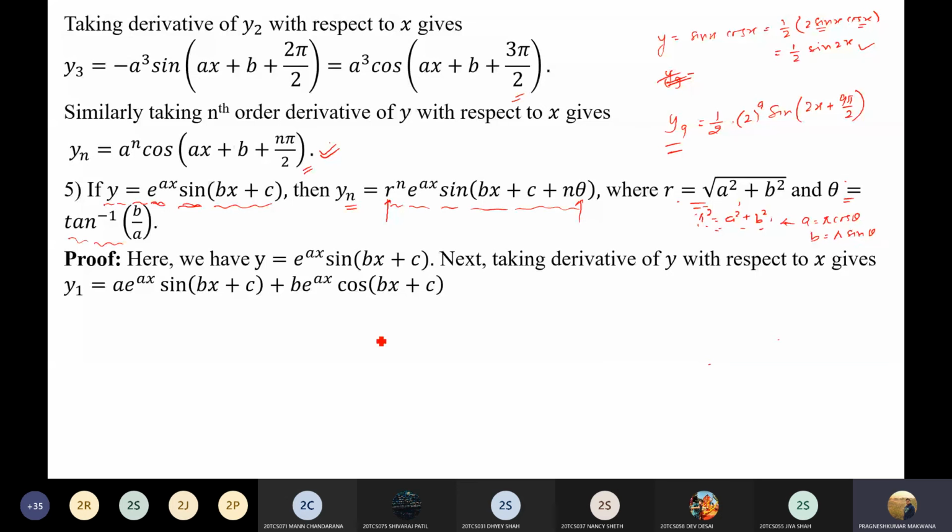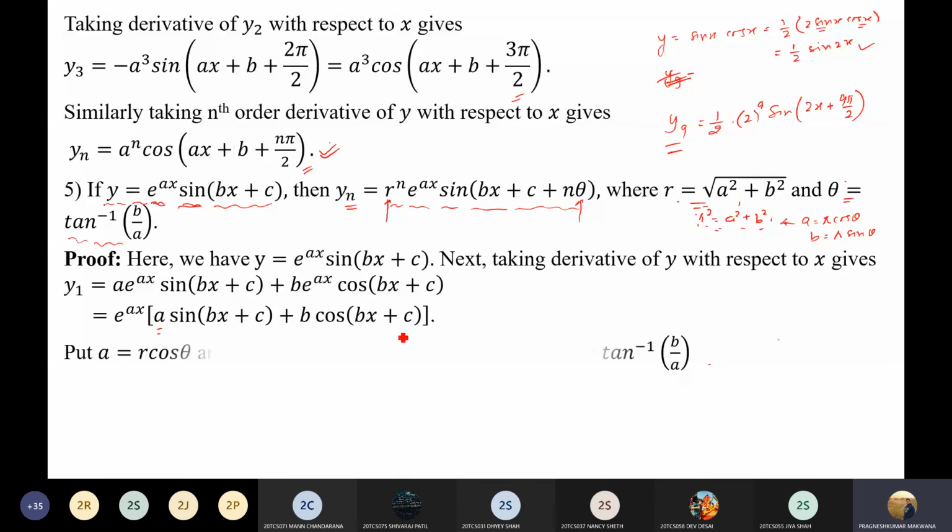Yes or no? Use this concept: e raised to ax is common, a sin of bx plus c as it is, b cos of bx plus c as it is. Now taking a is equal to r cos theta and b is equal to r sin theta, we obtain this result: r is equal to under root a square plus b square and theta is equal to tan inverse b by a.